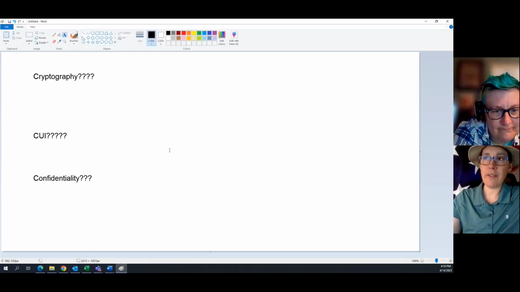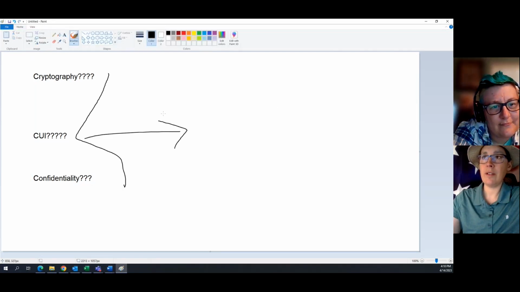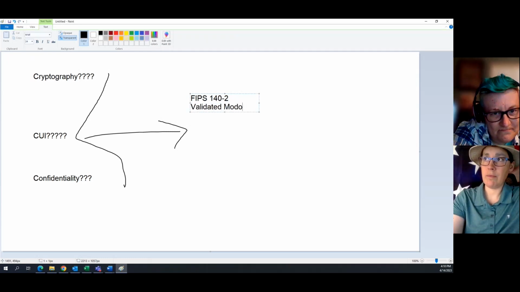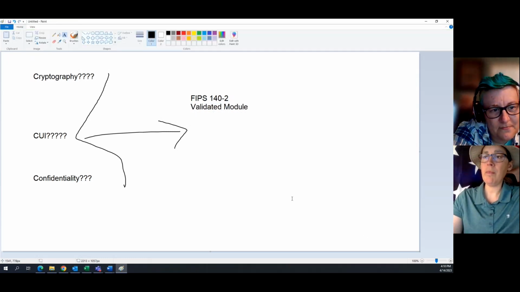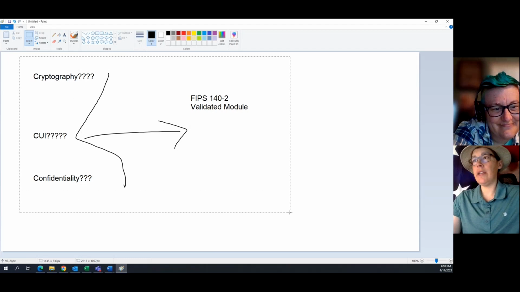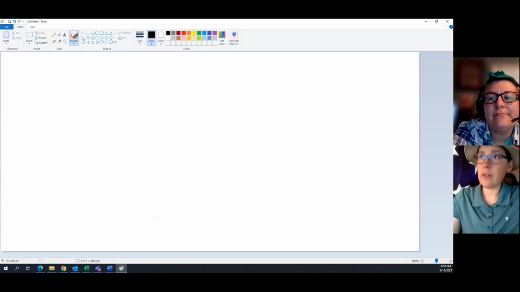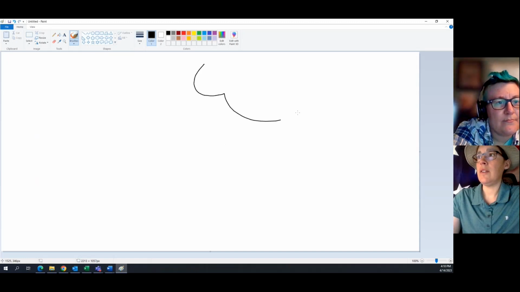We have to have all of these, all 3 together, for you to need a FIPS 140-2 validated module.